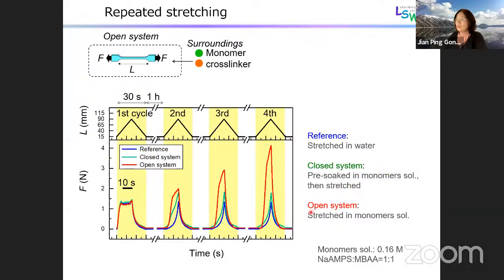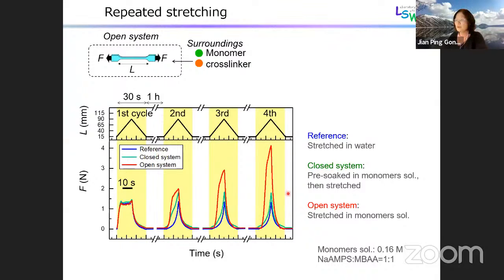And the third one is the so-called open system. In this system, we stretch the gel in monomer solution so that the consumption of the monomer in the gel will induce diffusion of the monomer from the outside bath into the gel again. So that will make a continuous supply of the monomers.